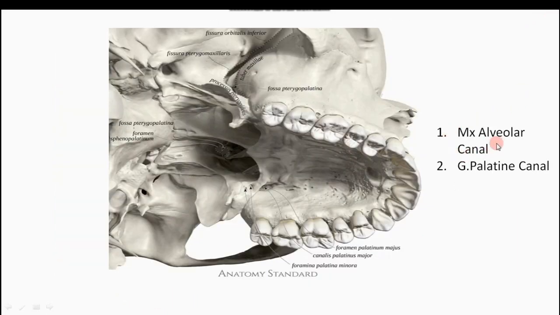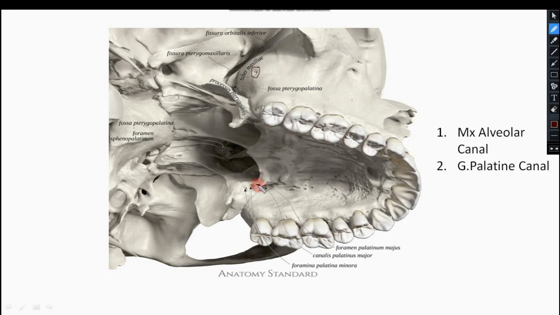Now we will see some other bony landmarks. This is the maxillary alveolar canal, and the greater palatine canal is here. This is the hard palate and here is the soft palate.